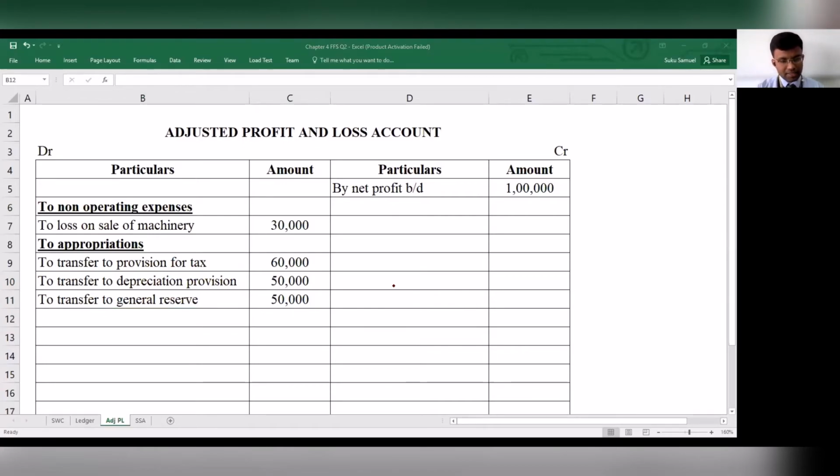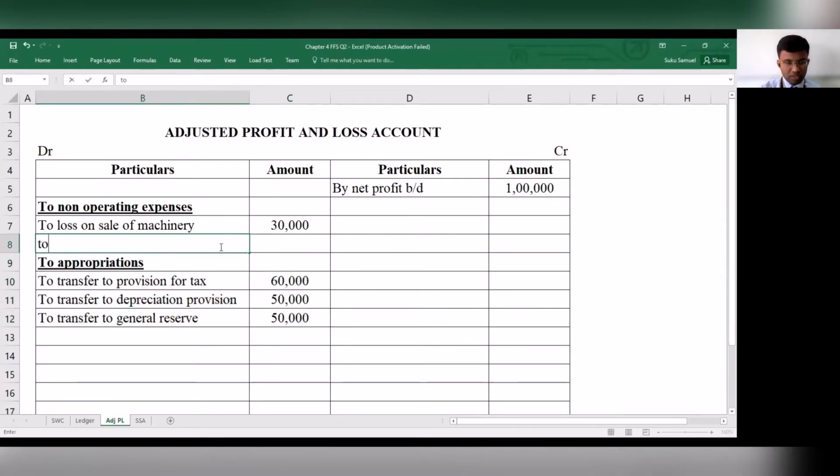Anything else that we have to consider? There was one non-operating expense that we have not considered, which was interim dividend. Interim dividend is the dividend that is paid during the course of the financial year.